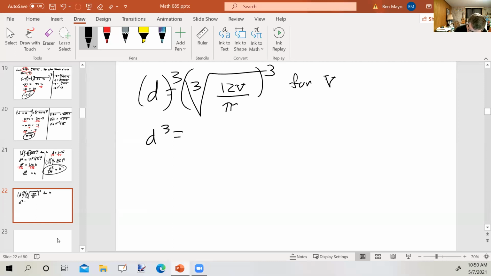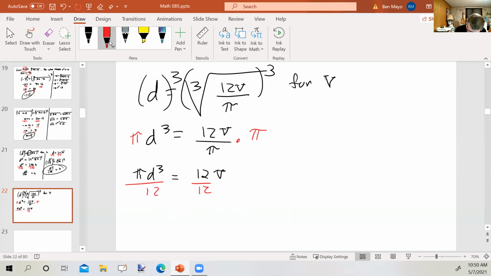So d cubed equals 12v over pi. The cube root cubed gives us the radicand inside. Solving for v, the next thing I'm going to do, I'm going to multiply by pi. So I'm going to get pi d cubed equals 12v. Then I'll divide both sides by 12, and v equals pi d cubed over 12.